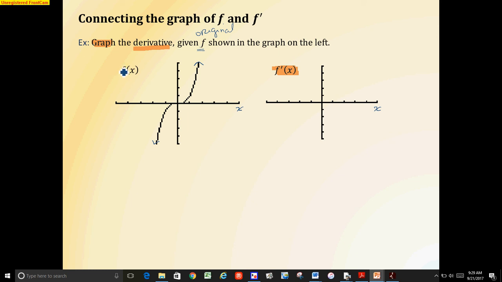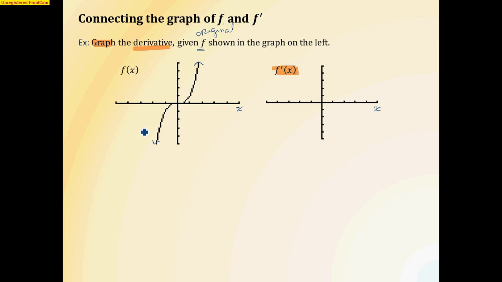So use your handy dandy tangent line maker and say to yourself, if I drew a tangent line here, the slope is positive. If I drew a tangent line here, the slope is positive, but as I travel from left to right through the domain, the slope is positive but decreasing, right?